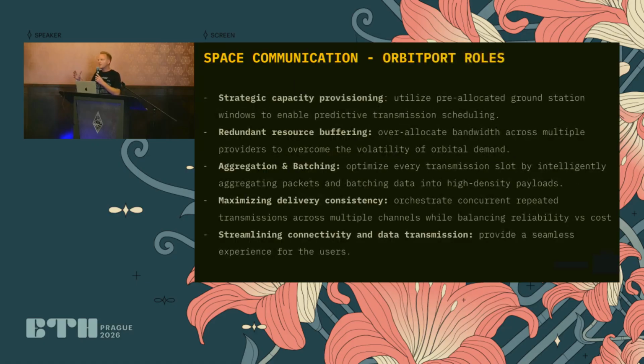So we saw the complexities we have with the space infrastructure and how space communication works. So Orbitport is part of the story. It has several things on the plate to do.